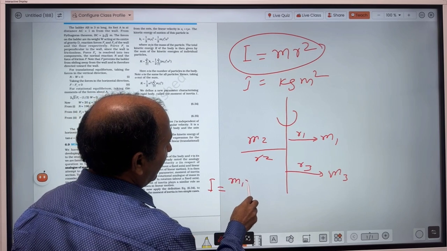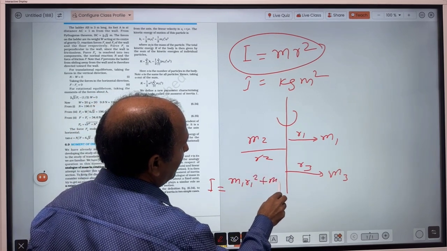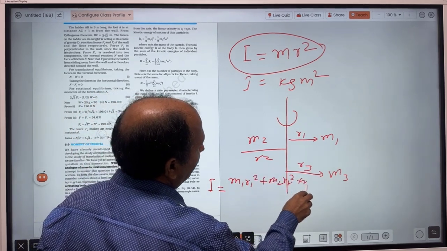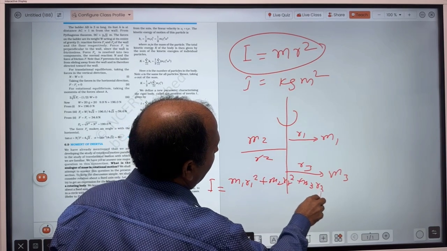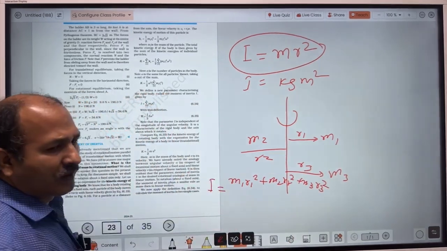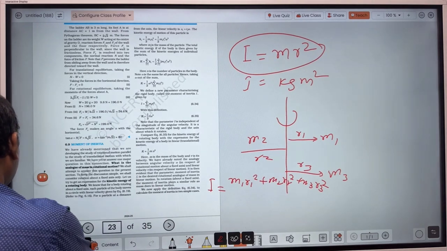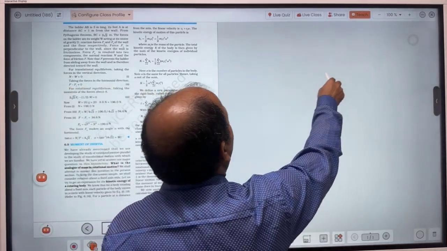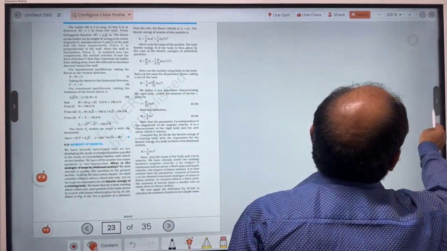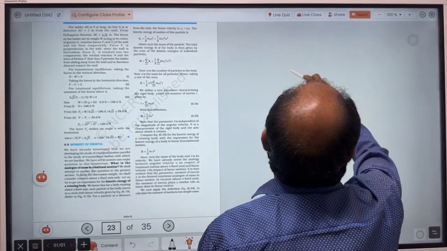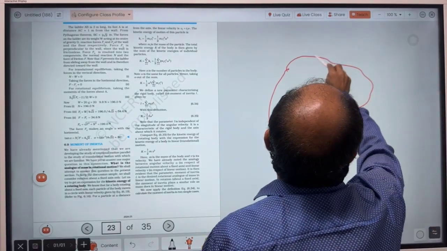Now, suppose the body is like this, and this is the axis of rotation, and there are different masses, say at distance r1, another mass is at distance r2, a third mass is at distance r3, then r4, and there are n masses.